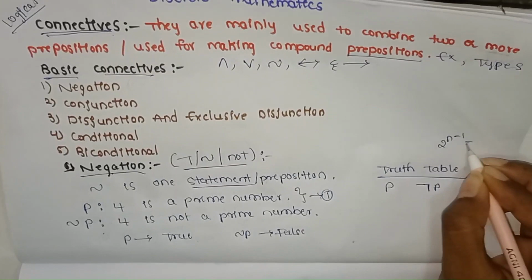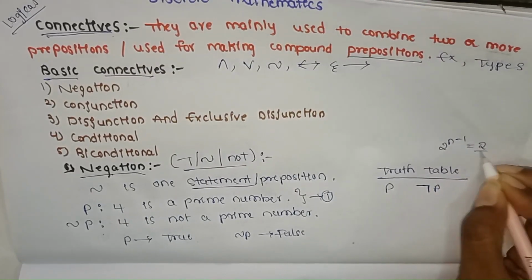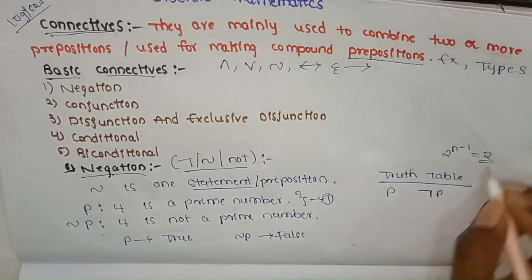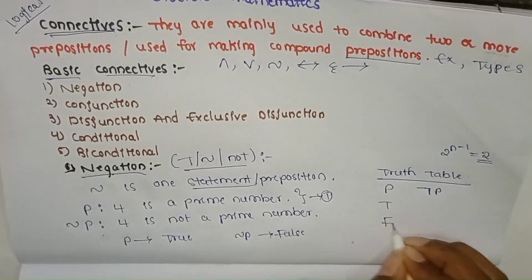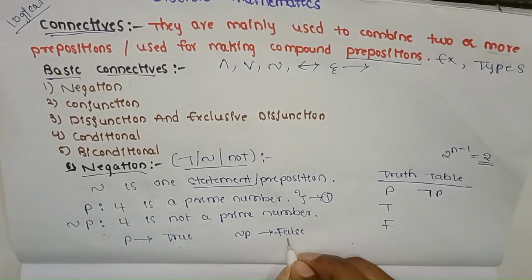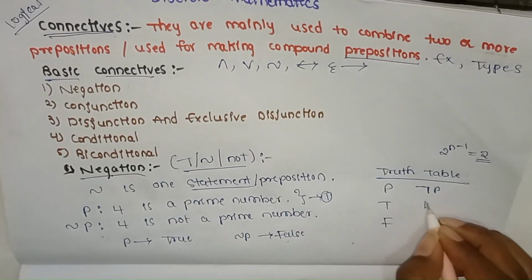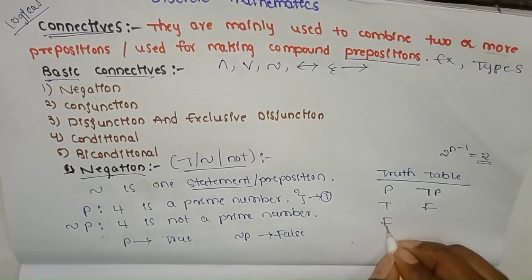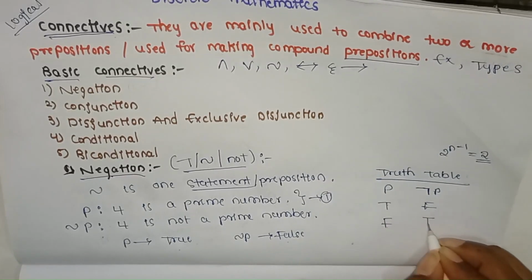Here n is equal to 1, so 2 power 1 is 2. The total number of truth values is 2, true and false. If P is true, then the negation of P is false, and if P is false, the negation of P is true.